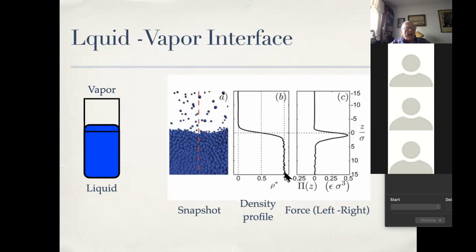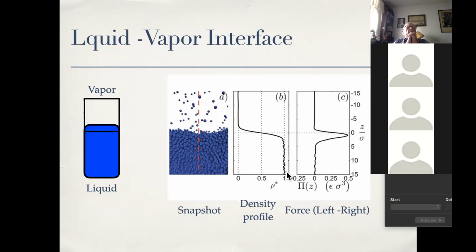I have a higher density phase, and I can always use units such that the density of the denser phase is equal to 1, as on this drawing. And then on top I have a lighter phase, and the density has a very nice profile.